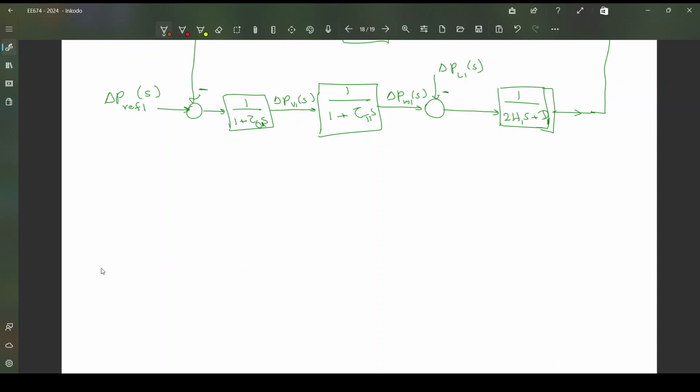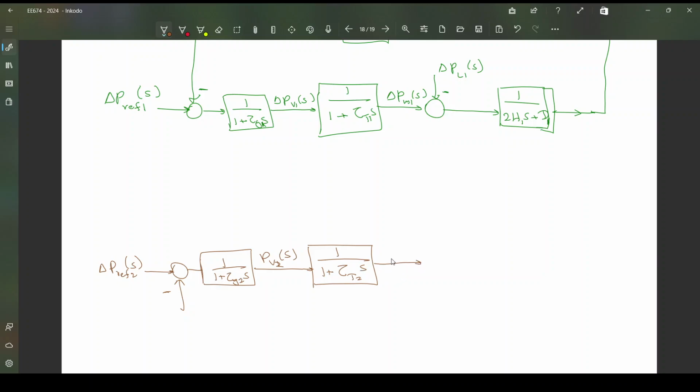So I have delta P ref2 s, and here comes the minus 1 over R2 term, and here 1 over 1 plus tau G2 s, so this will be P V2 s, and here you have 1 over 1 plus tau T2 s, which gives delta PM2 s, and here the load change delta PL2 s, and 1 over 2 H2 s plus D2.